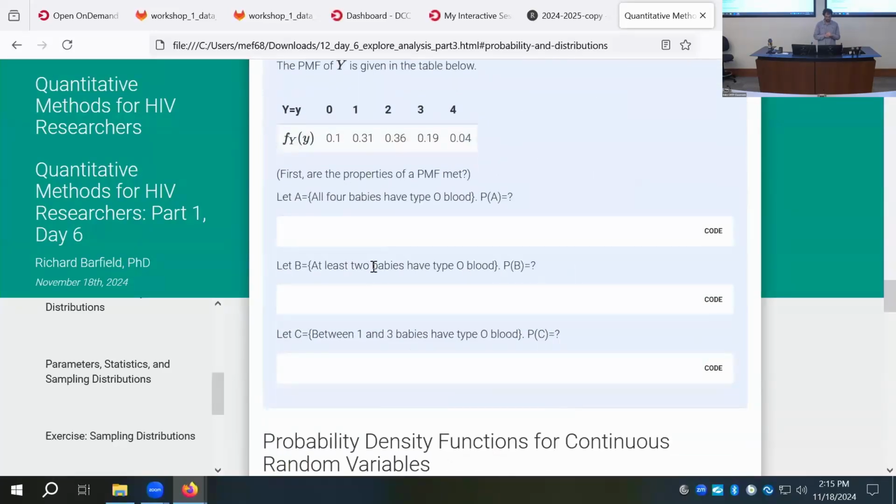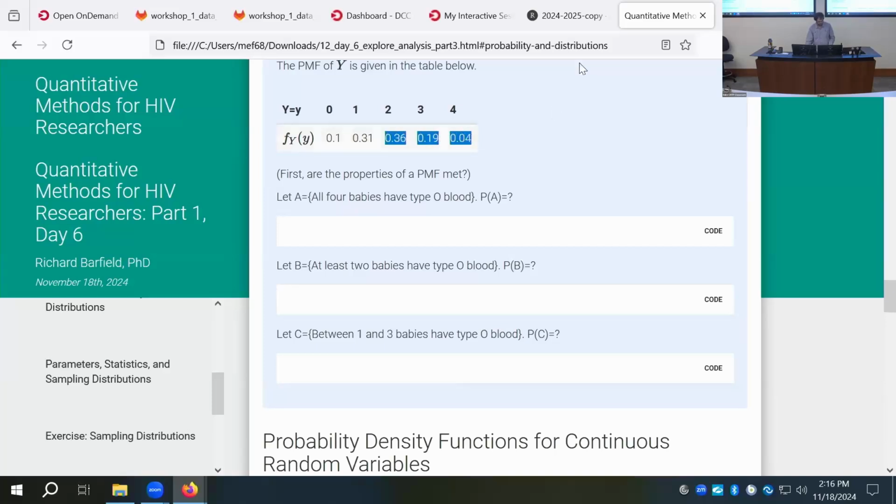Okay. So what's the probability that at least 2 babies have type O blood? This involves summing up. It's either 2, so that's 0.36, or 3, plus 0.19, or 4, so 0.04.